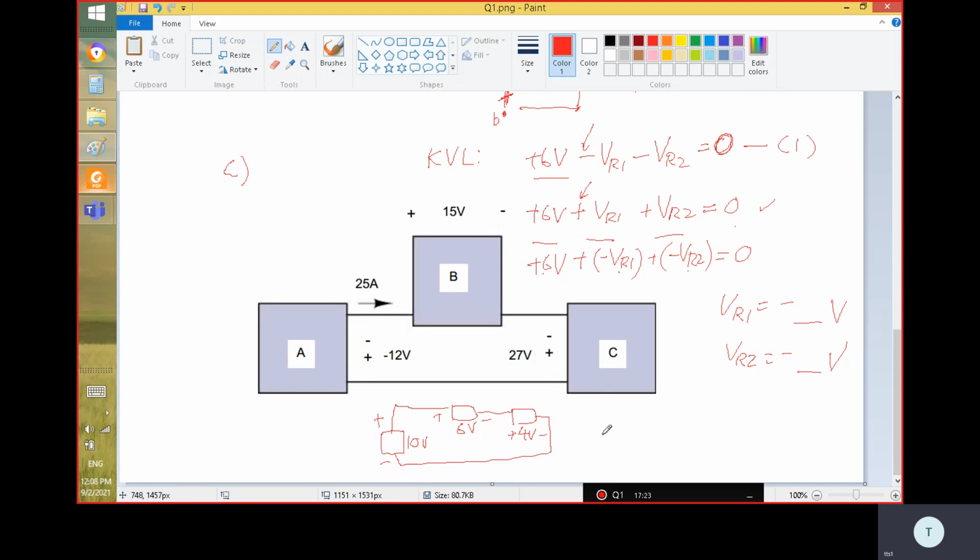To make sense, according to the KVL, the sum of all the voltages in the loop must be equal to 0. So if you start from here, minus 10, right? We start from here, then we go around, then we see the positive 6 volt, plus another positive 4 volt, must be equal to 0, right?